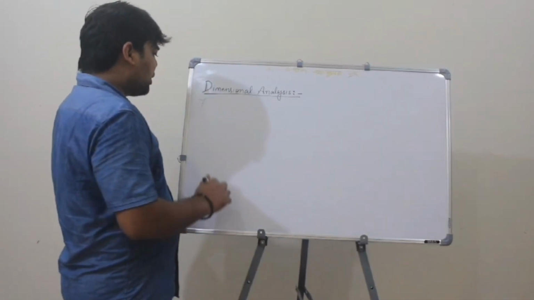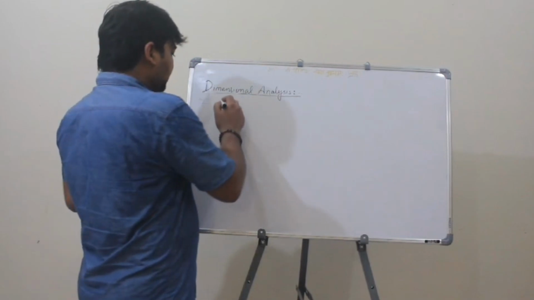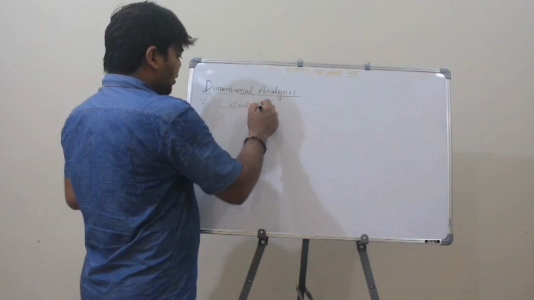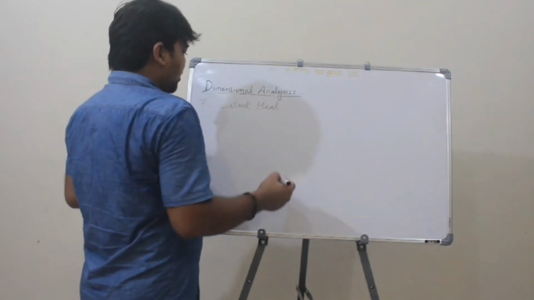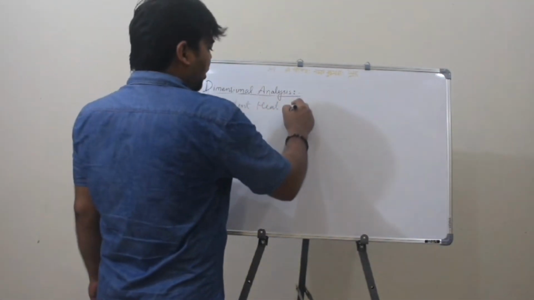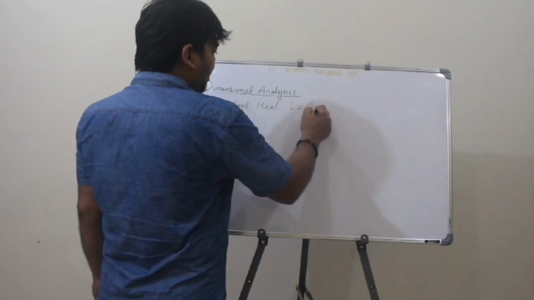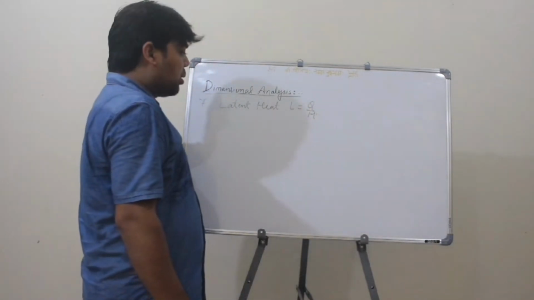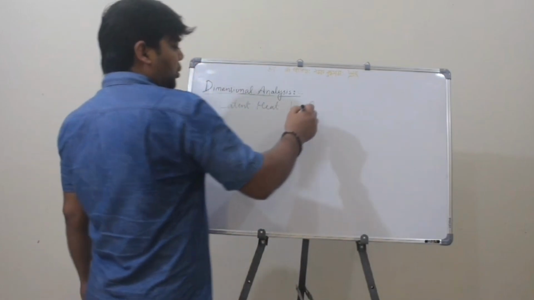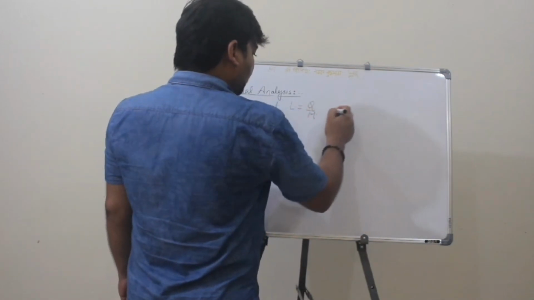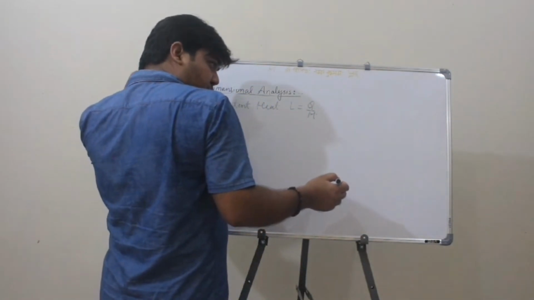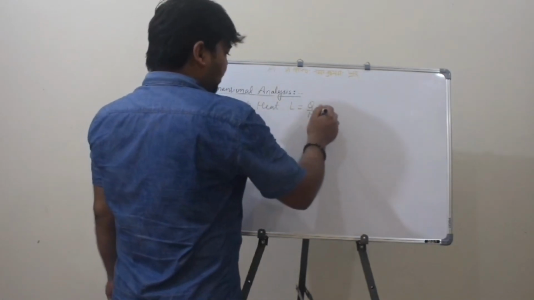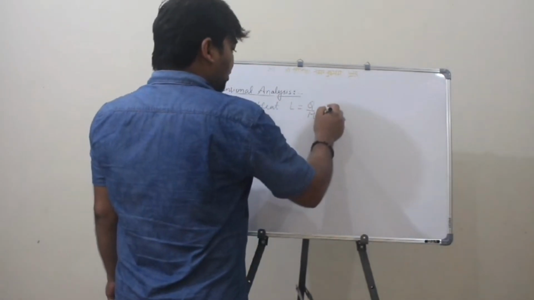Now let us calculate the dimensional formula of latent heat. So latent heat is defined as L equals Q divided by M, where Q is the heat. It can be heat of fusion or heat of evaporation.